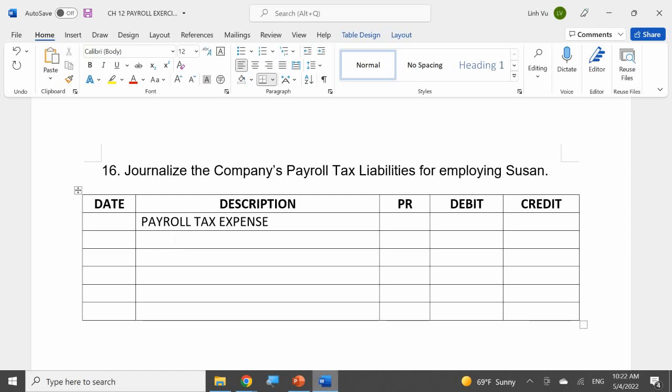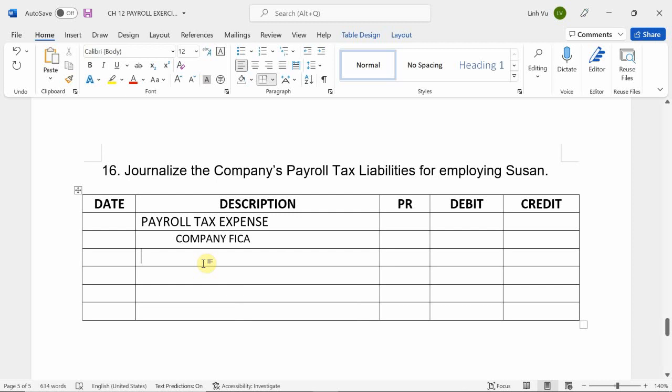Medicare and Social Security. And unemployment. There are two unemployment taxes the company is responsible for.